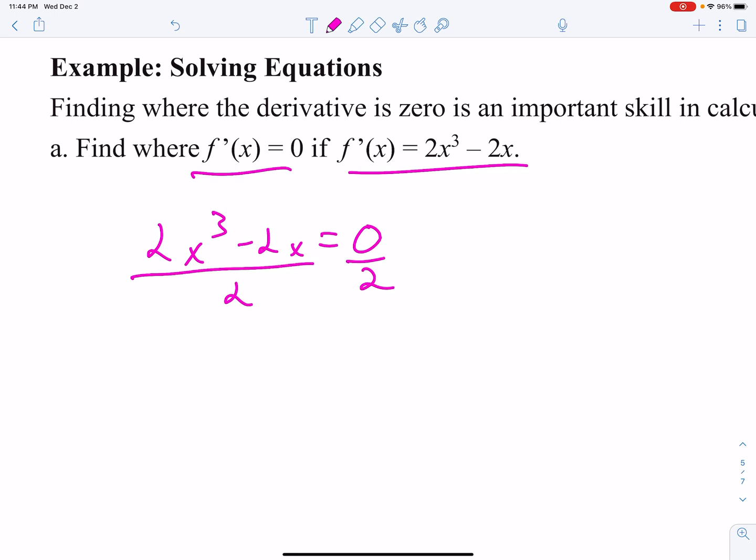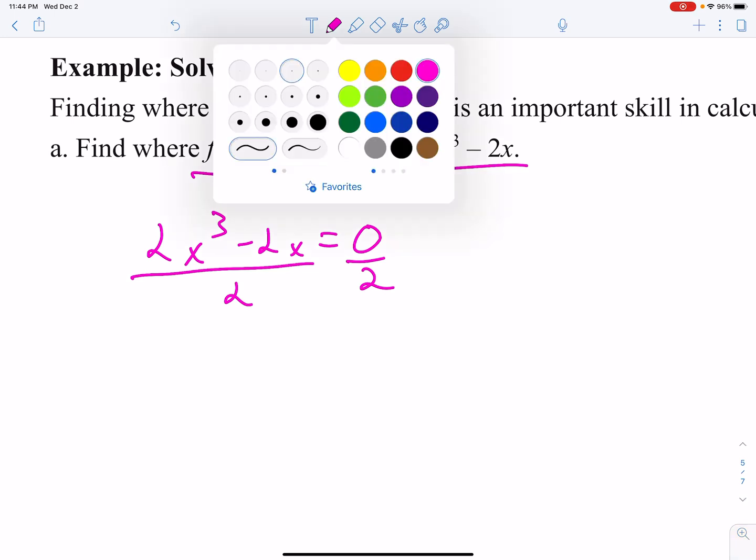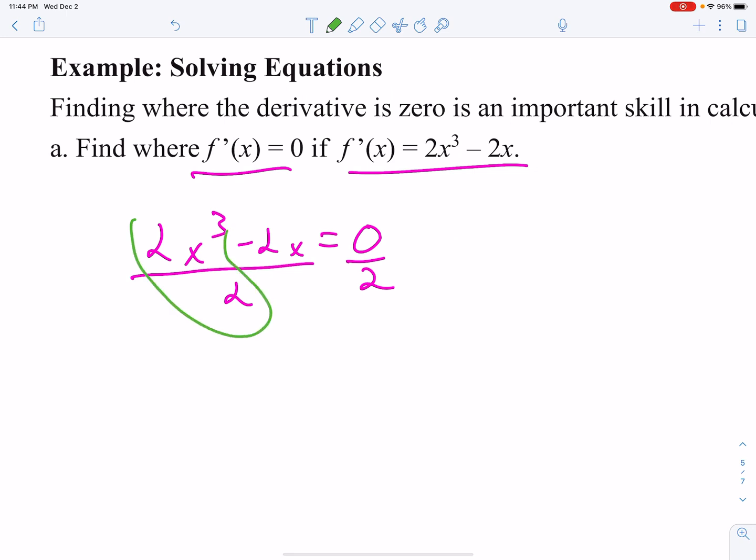Make life easy for ourselves. Work smarter, not harder. Okay, but remember, doing this means we have 2 fractions here. Don't think it's just one fraction. It's 2 fractions. Okay, so 2x cubed over 2 is x cubed, minus 2x over 2 is x, and 0 over 2 is 0.